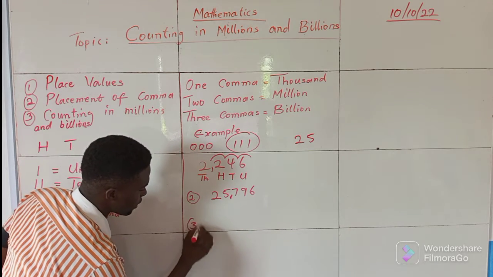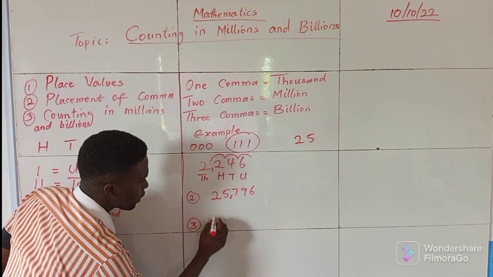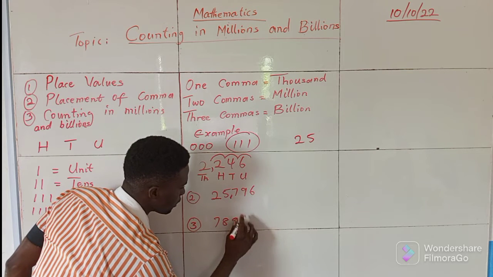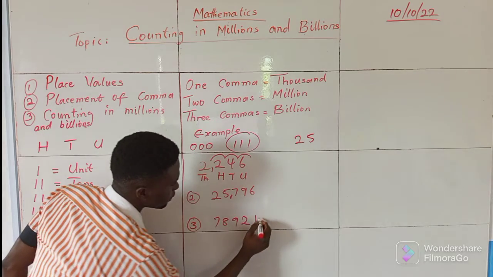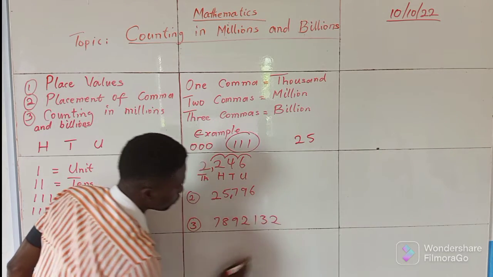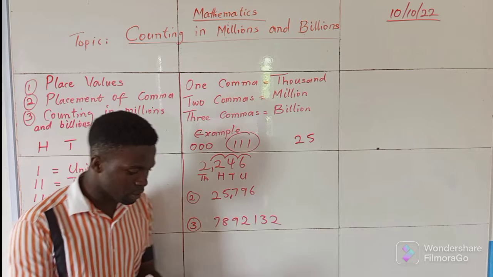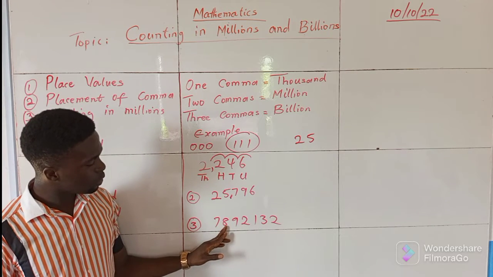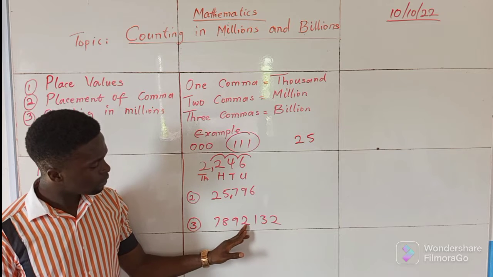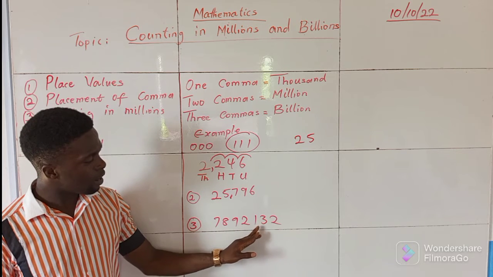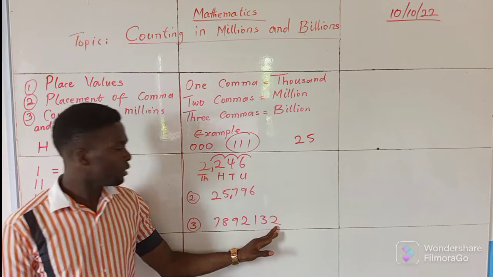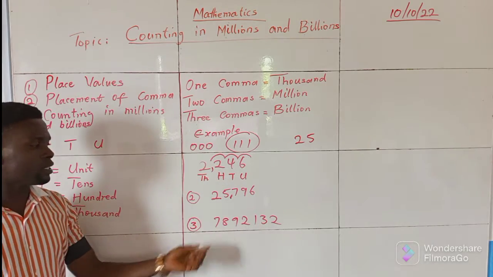Let's use this as example 3. You have 7, 8, 9, any number, 2, 1, 3, 2. Okay, here let's count the number of digits we have. 1, 2, 3, 4, 5, 6, 7. Okay, now you have 7 digits here.